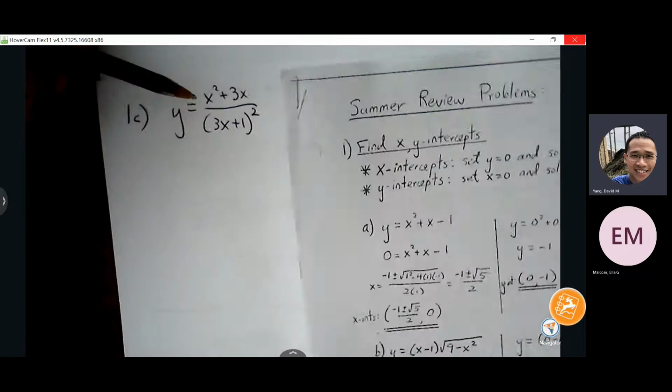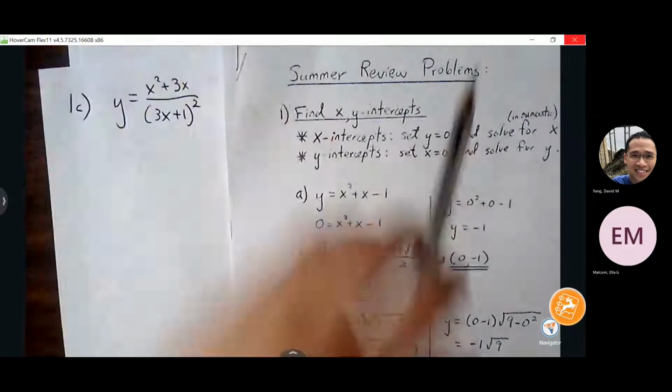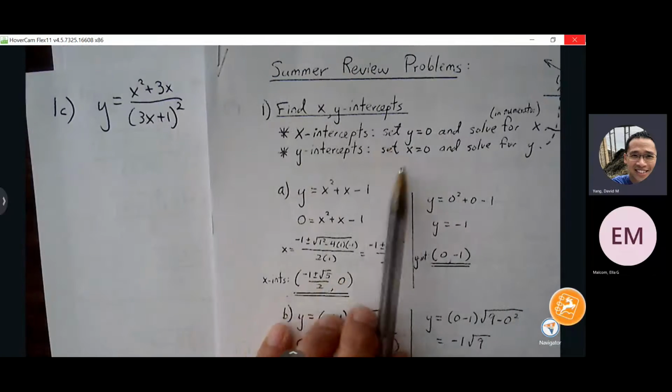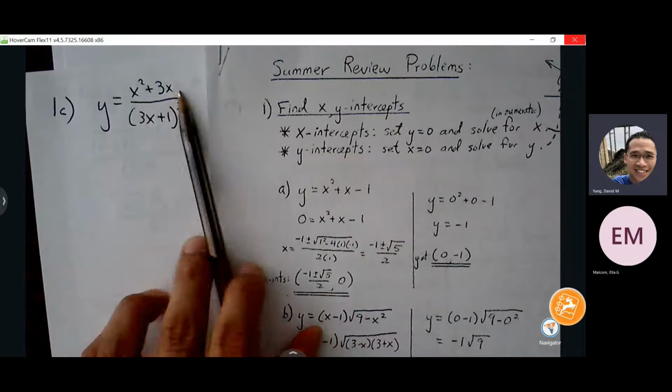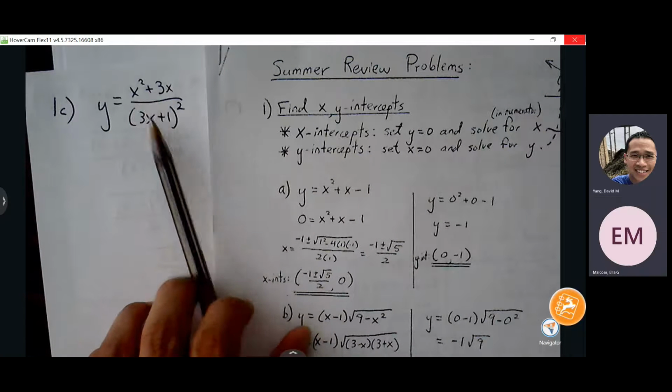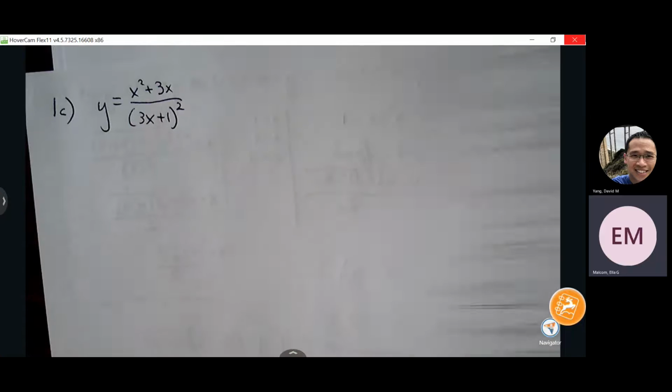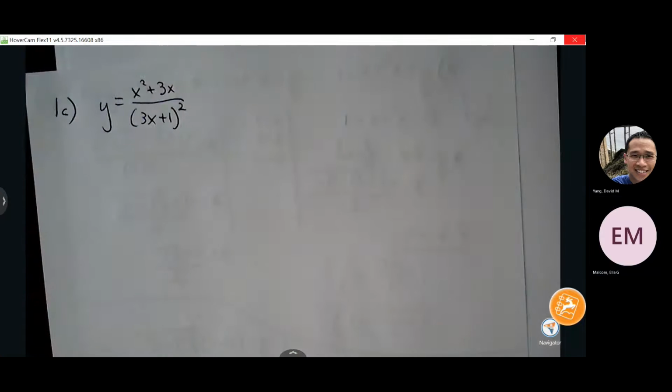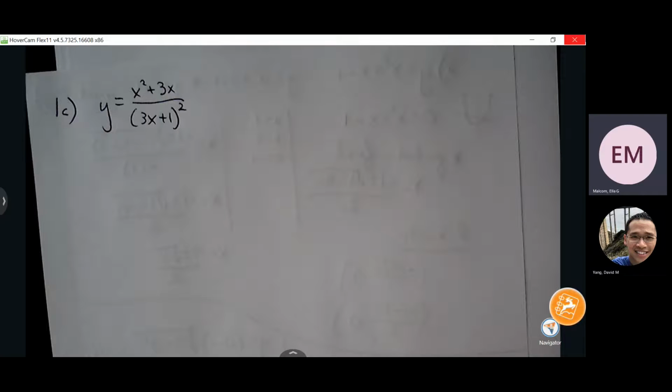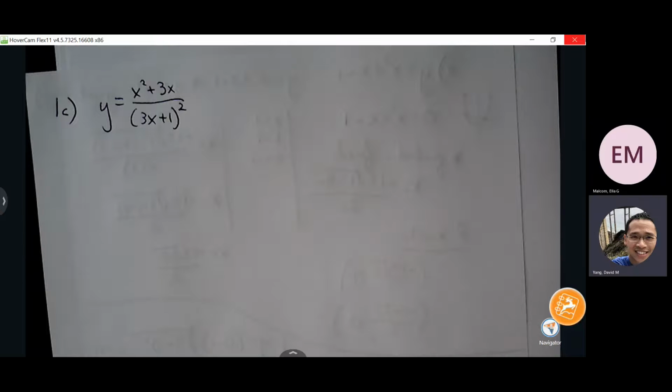Okay, so if I want to find x-intercept, I'm just going to set the numerator equal to 0. If I want to find y-intercept, I replace every x with 0, even the 1. Oh. Okay. So it should be y equals 0 plus 0 over 0 plus 1 squared. Okay. What does that become? 1.